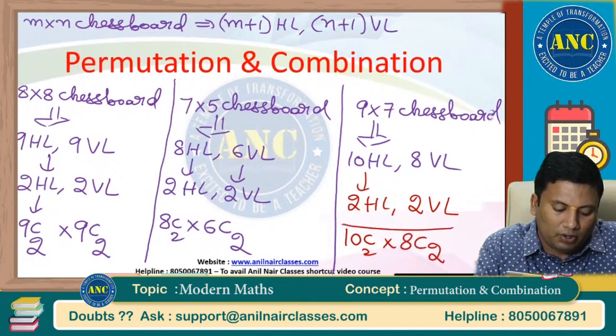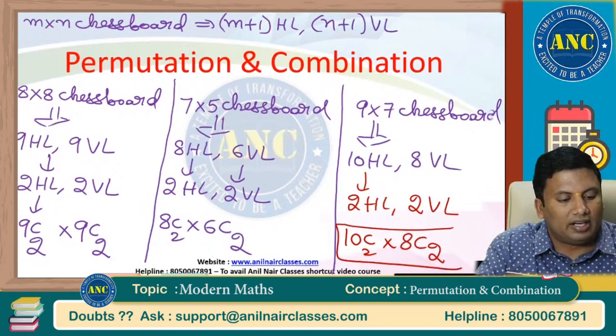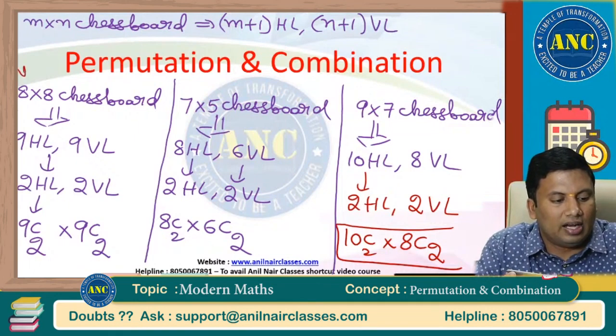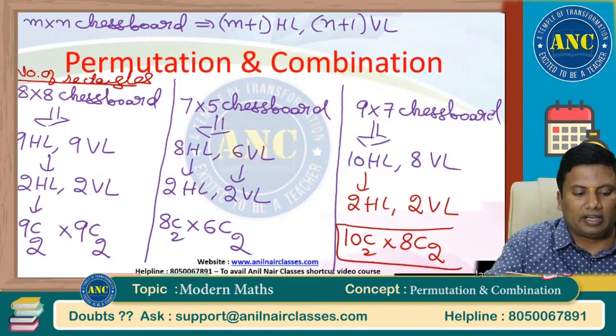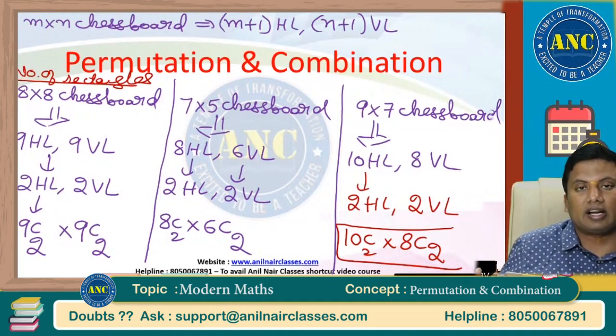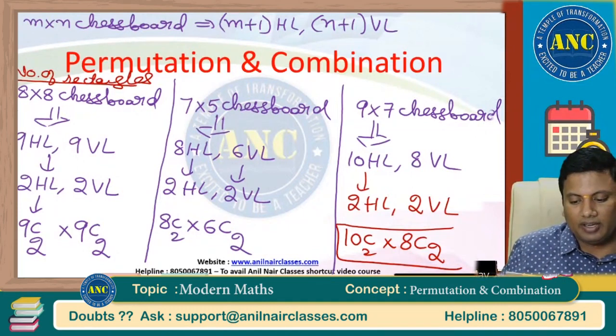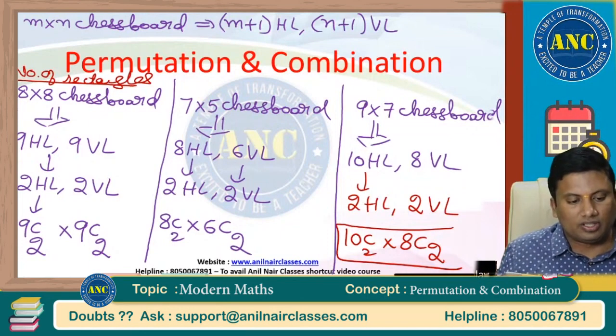This is the first most important concept of how to find the number of rectangles in an M into N chessboard. I hope the idea is clear. You don't need to mug up any formula. 8 into 8 chessboard, 7 into 5 chessboard, 9 into 7 chessboard.